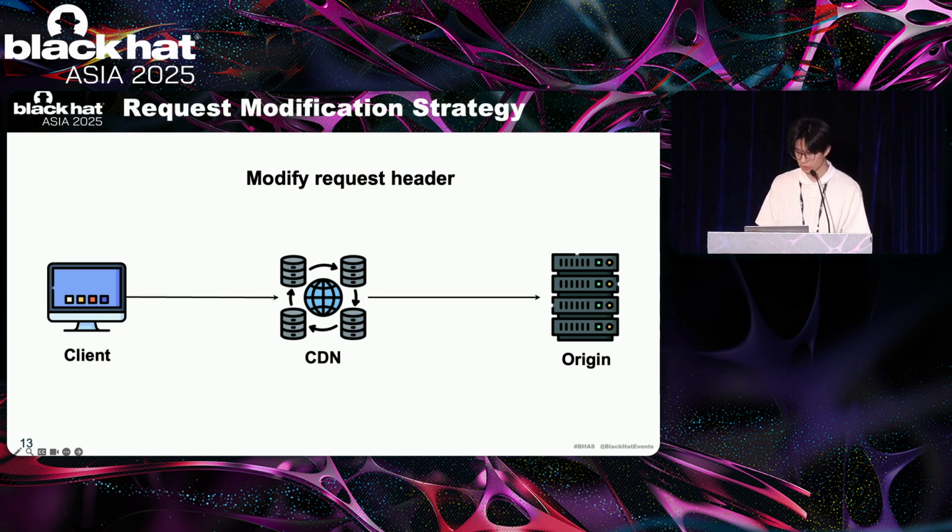So let's see the next strategy. CDNs also implement request modification strategies to meet practical business needs, such as passing the client's IP to the origin server or handling changes in file storage location on the origin server. For instance, in the first scenario, the CDN can add an HTTP header, such as the X-Forwarded-For header, in the forwarding request.